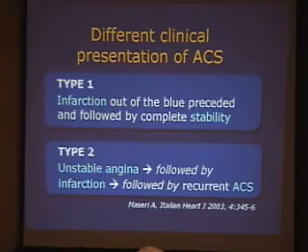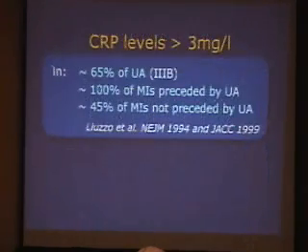But is this period of instability equally affecting all the patients, both type 1 and type 2? Well, it does not appear to be like that, because these patients, type 1 and type 2, appear to have also some biological difference, not only clinical difference of presentation, but also some biological differences.